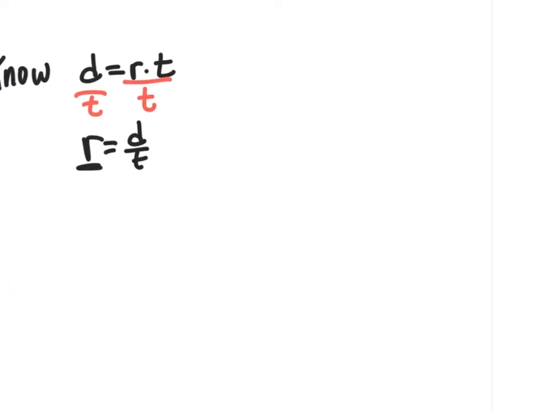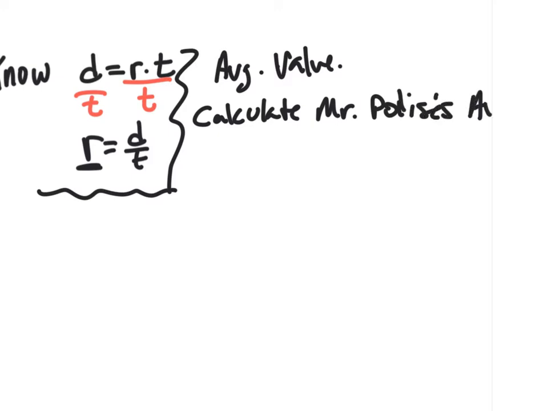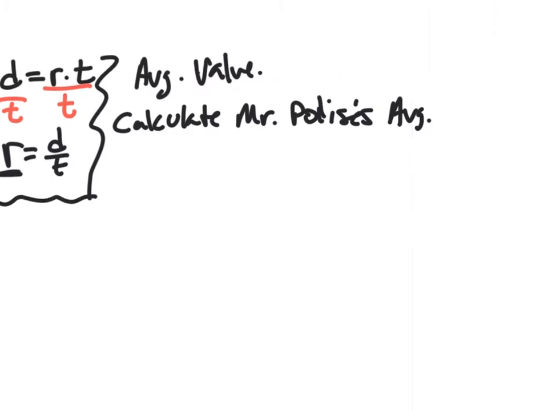So here's where the average value theorem comes in, where the average value comes in. So I'm going to do average value, okay, and we want to calculate Mr. Police's average speed going to work.